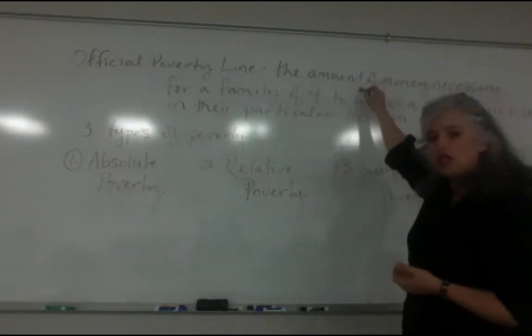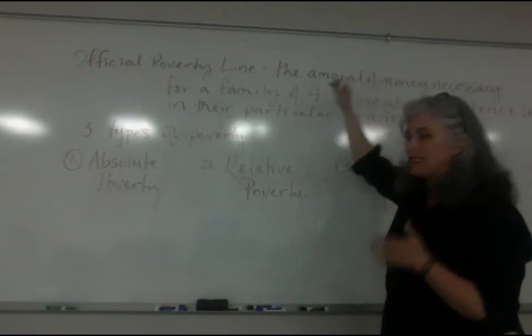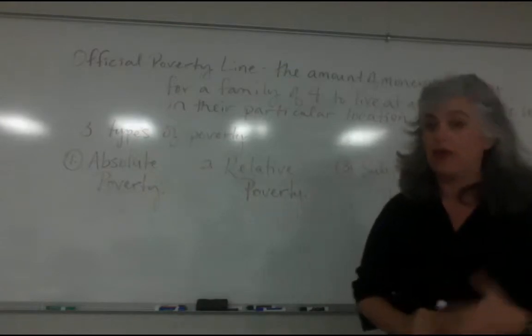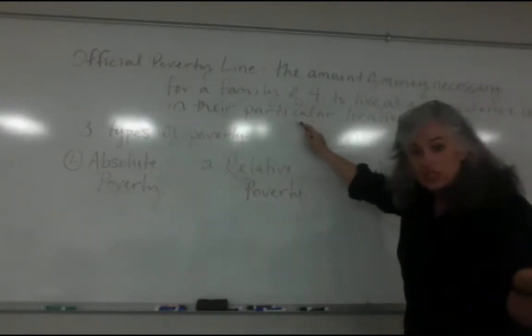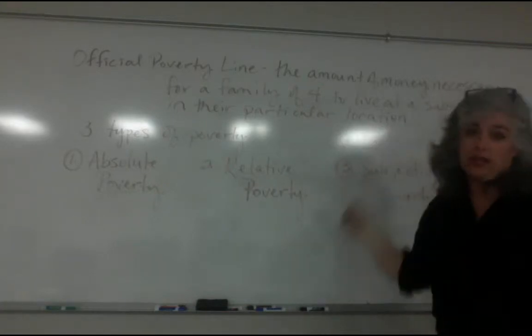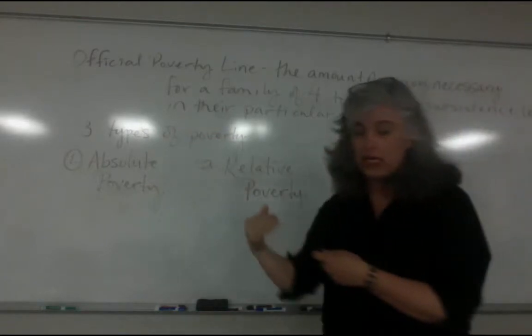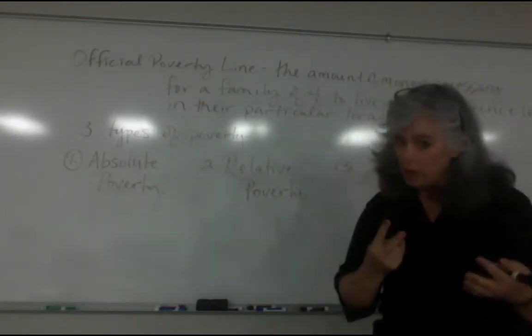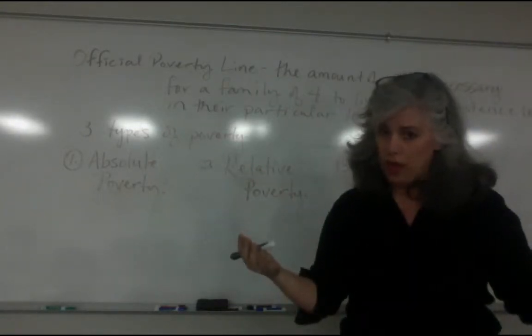So the official poverty line is a dollar amount, but please notice that this definition does not give you that specific dollar amount, because prices change from one location to the next. If a 2-bedroom apartment in Benton, Arkansas is $850 a month, a 2-bedroom apartment in New York City might be $4,800 a month.